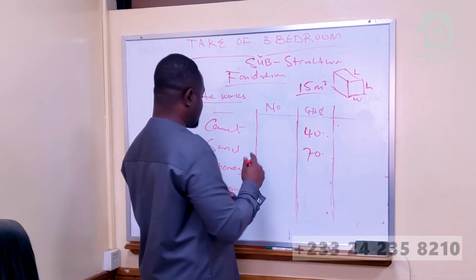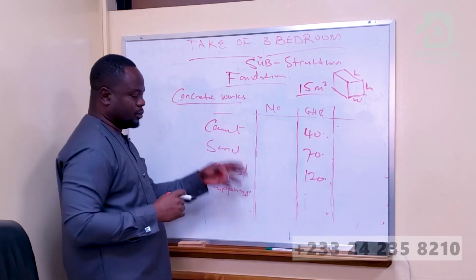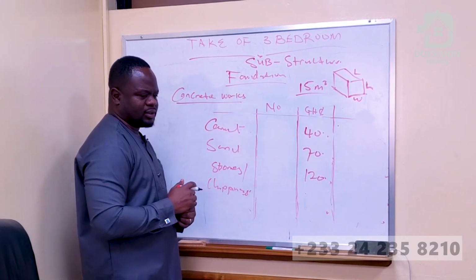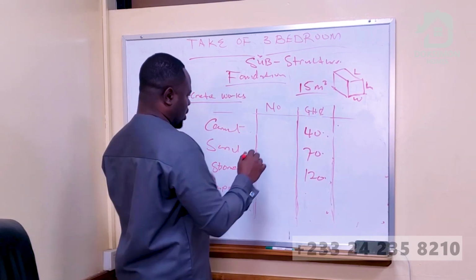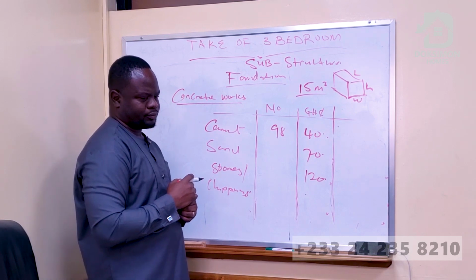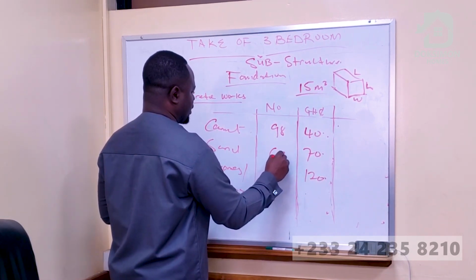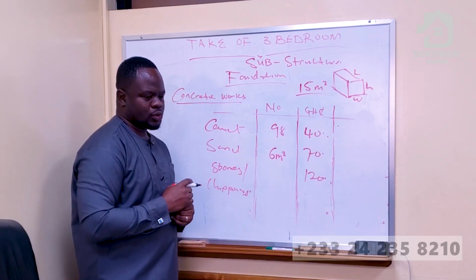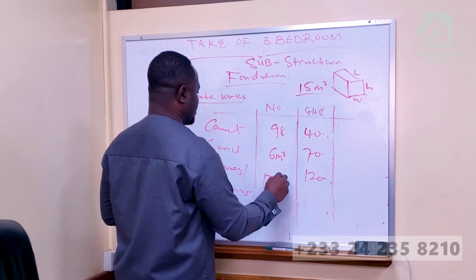We have our stone or chippings, 120 Ghana cedi. The number of cement that you need to cast all the floor is 98. The sand, we just need 6 meter cube. And with the stone, we just need 13 meter cube.